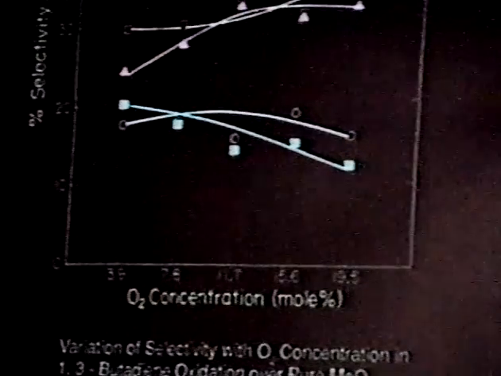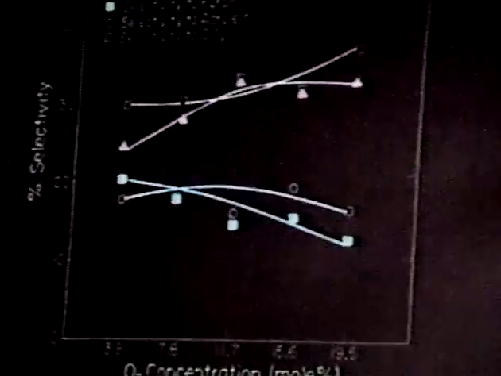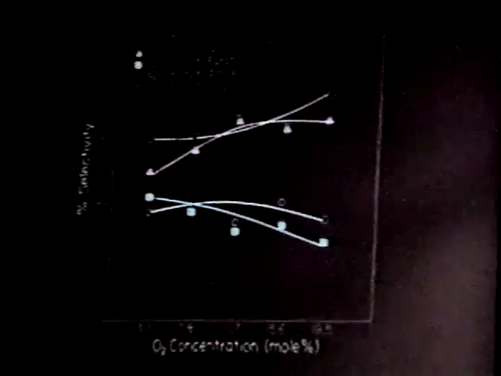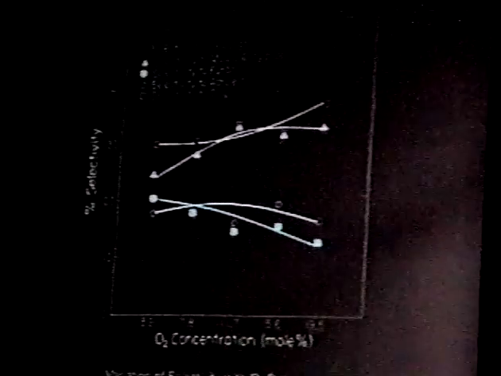rather low. When we switch to 1,3-butadiene as the feed material, we see maleic anhydride selectivity going through some sort of a broad maximum, the selectivity to carbon dioxide increasing, and small quantities of furan and chlorine also being formed.